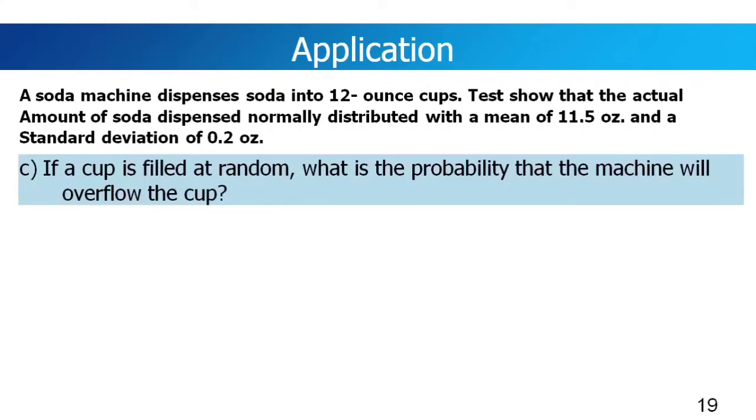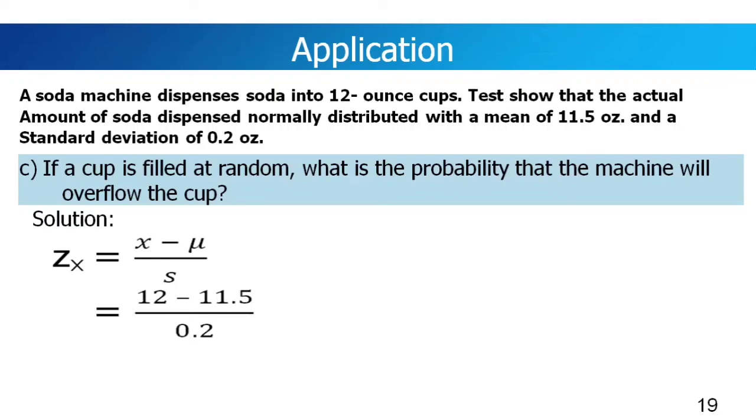Question letter C. If a cup is filled at random, what is the probability that the machine will overflow the cup? So we're going to use 12 for our x. For our solution, using the same formula, Z sub x is equal to x minus mu all over S. We're going to substitute the values.